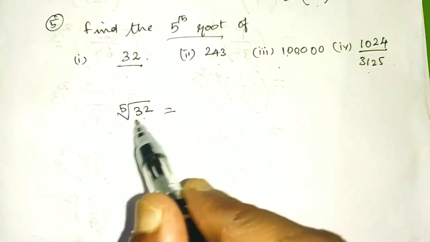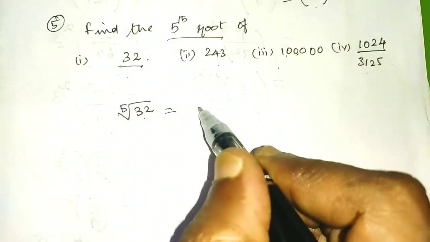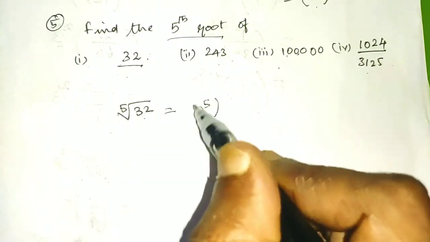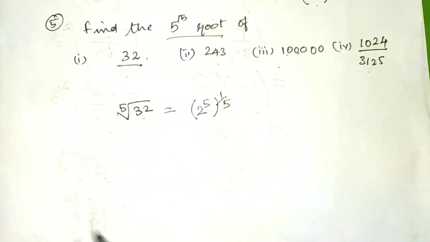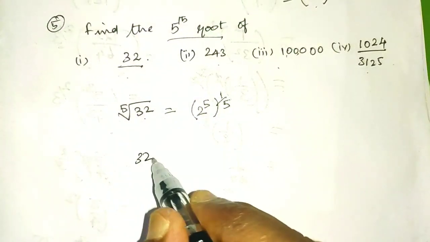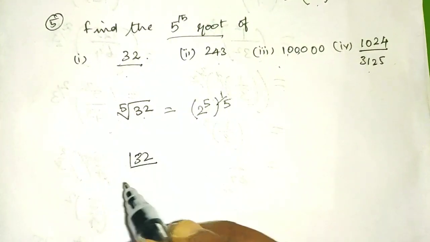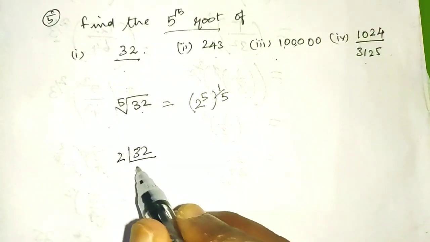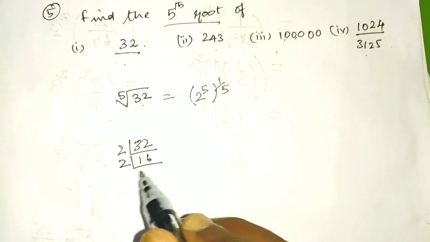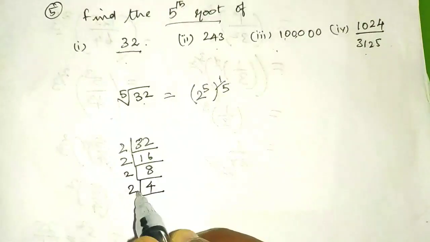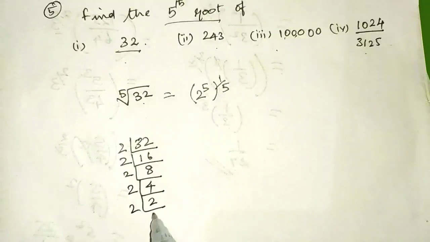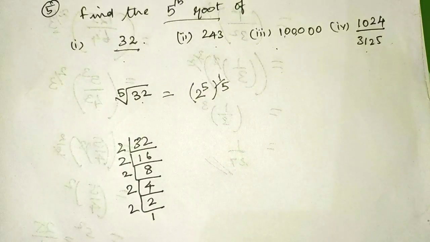First I have to express this 32 as 2 power 5. The fifth root can be expressed as 1 by 5. If you don't know, you have to divide this with 2. 32 divided by 2 gives 16. 16 divided by 2 gives 8. 8 divided by 2 gives 4. 4 divided by 2 gives 2. 2 divided by 2 gives 1.